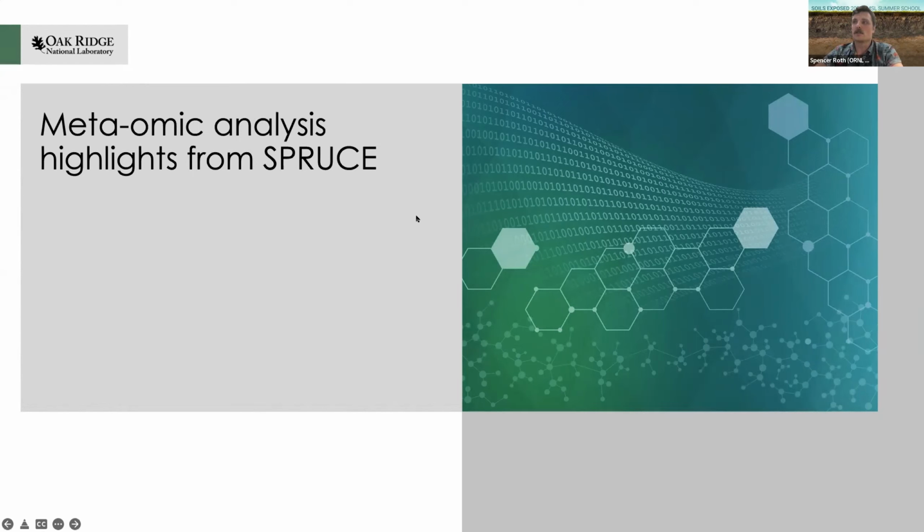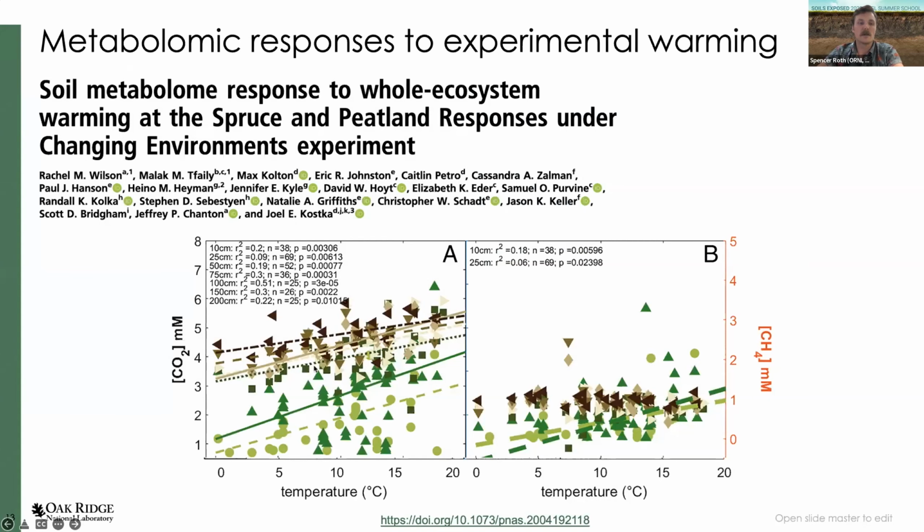And so to start, I'm going to highlight this paper that was published last year in June. This was led by Rachel Wilson, and I'd like to acknowledge all of the co-authors on this paper that contributed to this work. As you can see from the title, they looked at the below ground or the soil responses to experimental warming at the SPRUCE sites.